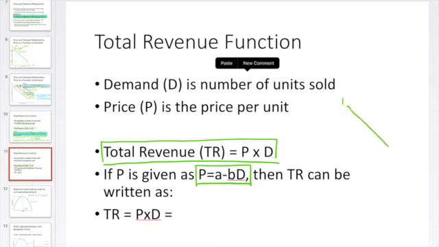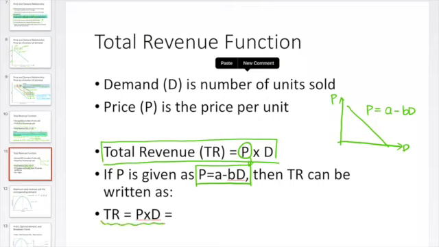Remember that? That's the line for the price and demand. And we say the general formula is P is A minus BD, right? So what if we replace the P by this formula? Then you can write the total revenue in another way, okay?